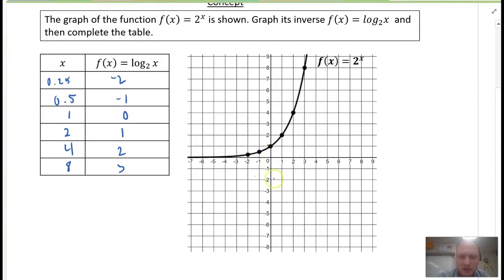0.25, -2 is roughly here. 0.5, -1; 1, 0; 2, 1; 4, 2; and 8, 3. So here is a logarithmic function.